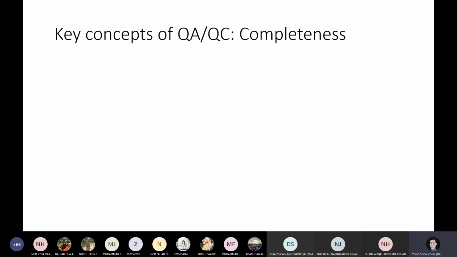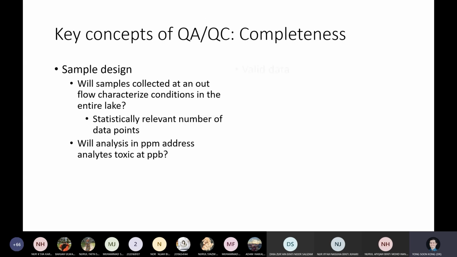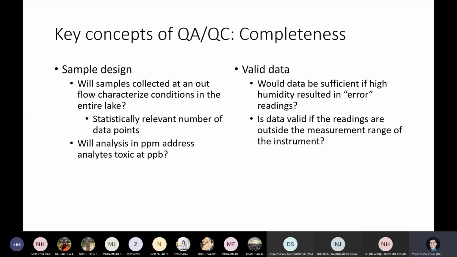So basically, what is the key concept of QA and QC? It's the sample design and the validity of data. When you design the sampling plan, most of the time together with the analysis plan, you have to think of how big the sample size is, number one. And once you have determined the sample size, you also have to determine the requirement of QC samples like blanks and replicates.